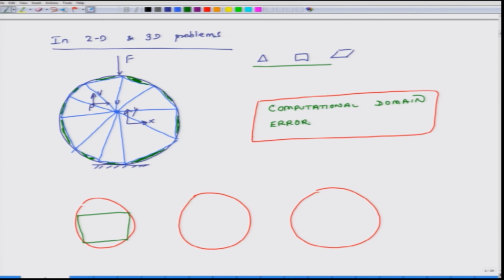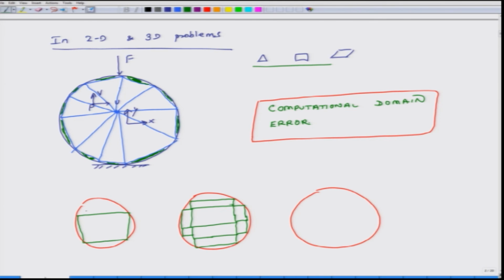Now, another way I can do it is, I can have smaller elements. So, this is one approximation, right.